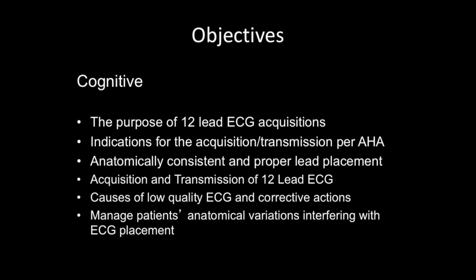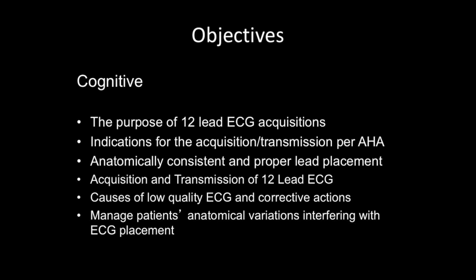So cognitive, we are going to talk about the purpose of 12-lead ECG acquisition, and ECG is interchangeable with EKG, same idea. So we're going to talk about why we acquire 12 leads, what the indications for acquisition are, as well as transmission of the EKG, the importance of the anatomic location of the lead placement, as well as the preparation for when we place the leads.